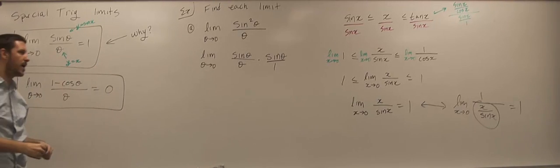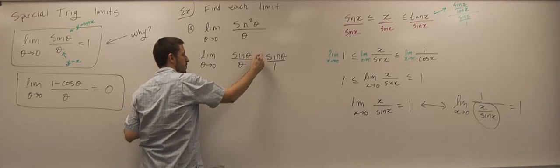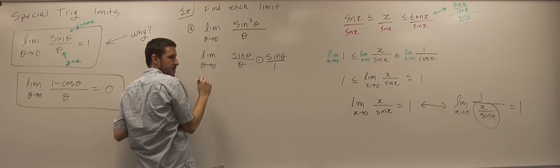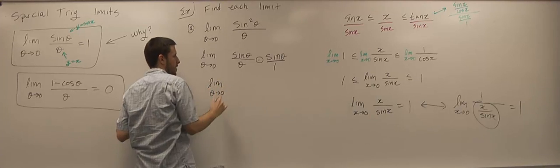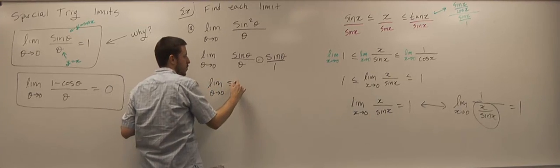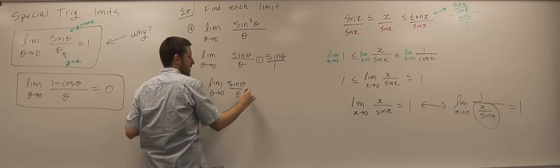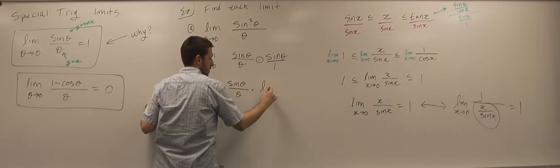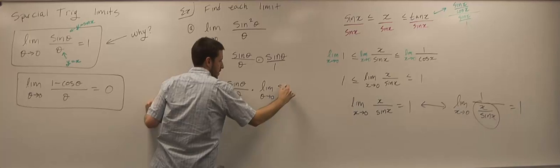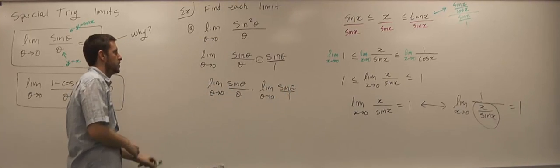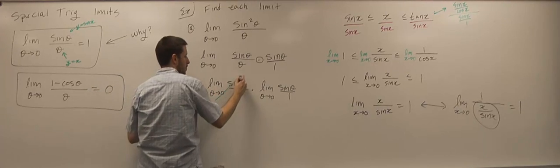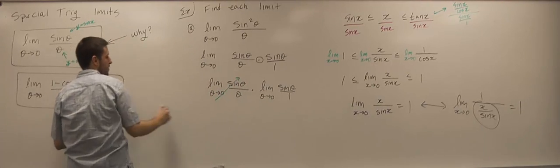But then we have a property of limits that says if you have a product, you can take the limit of each of the factors. Right? That was one of the properties we went over last time. Limits behave nicely with basic operations. So this guy I know by my theorem or my formula over here is 1.